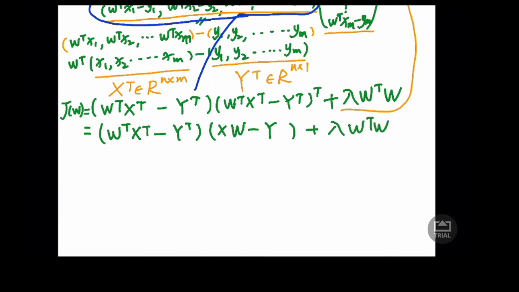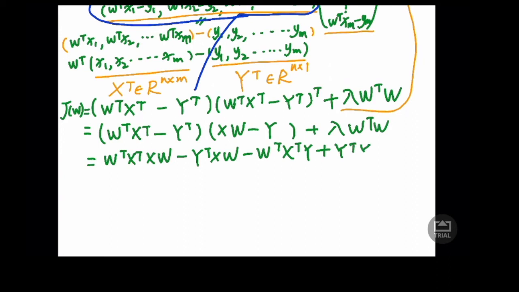Now we can expand the first term. It should be W transpose X transpose XW, minus Y transpose XW, minus W transpose X transpose Y, and plus Y transpose Y and lambda W transpose W. Let's have a look at these two terms.